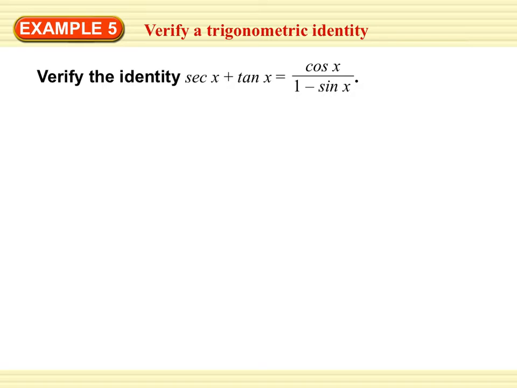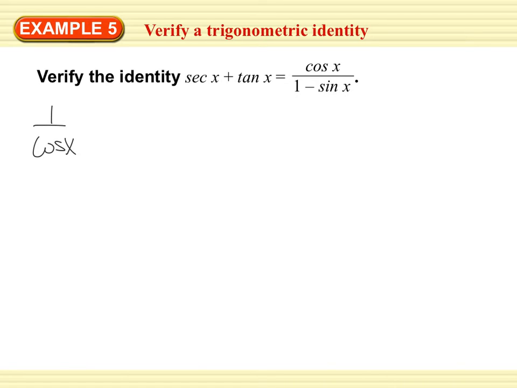All right, verify another identity. Okay, this one, I don't know which one looks messier, the left or the right. That's a toss-up. Let's start messing with the left. It'll be fun. All right, secant x is the same as 1 over cosine x.